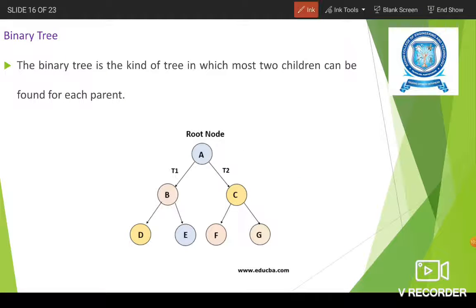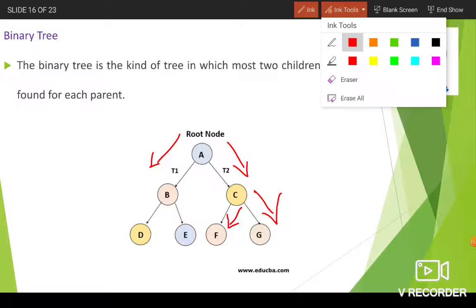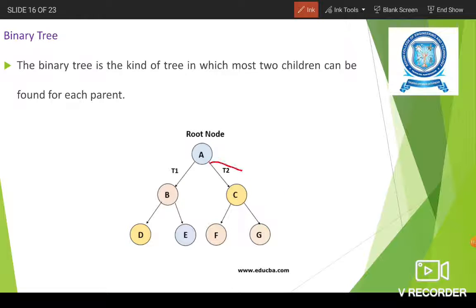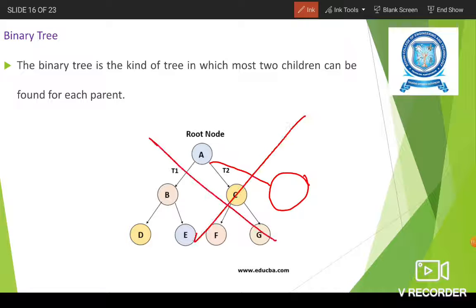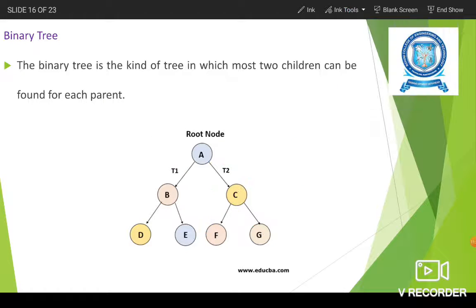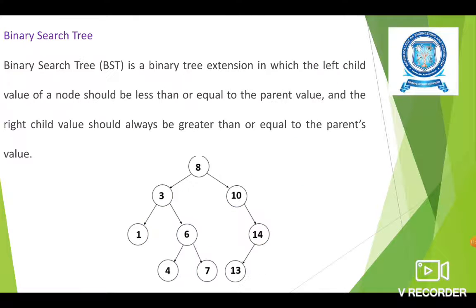For the node C, I have 2 children, F and G. Similarly for node A, B and C are the child nodes. So if I have one more child for node A, then it is not a binary tree. Okay. So hope you can understand what a binary tree is.